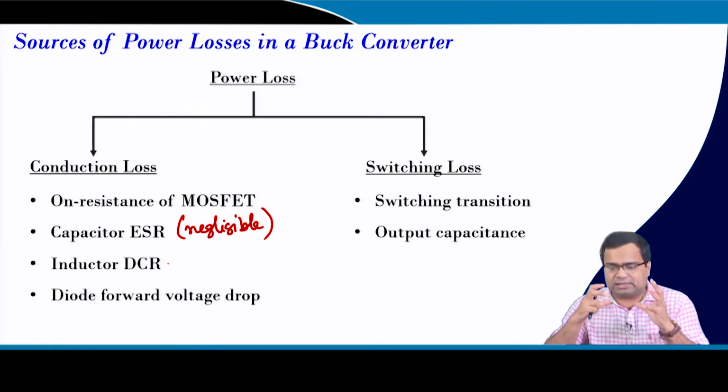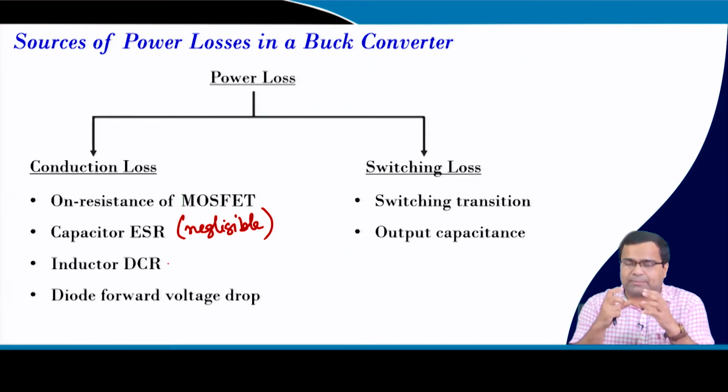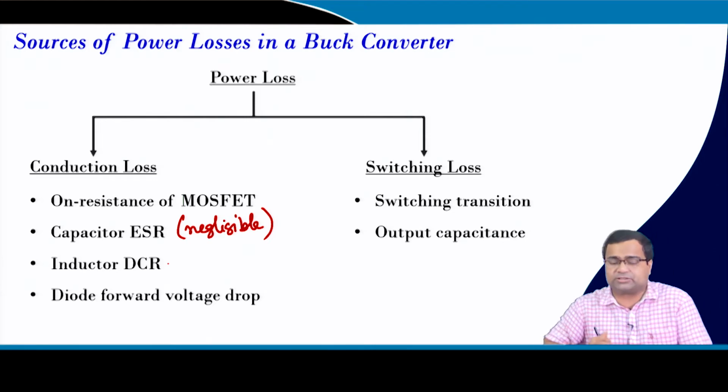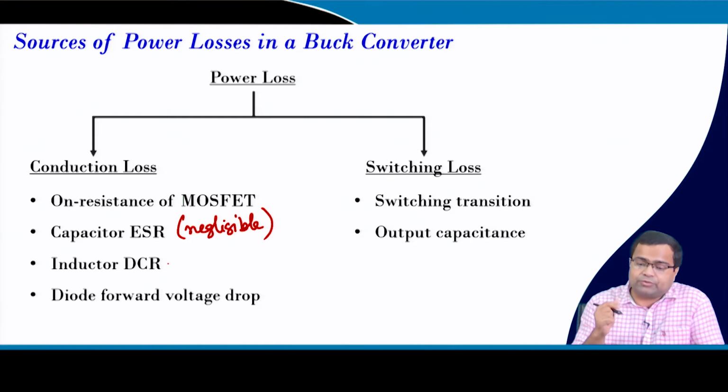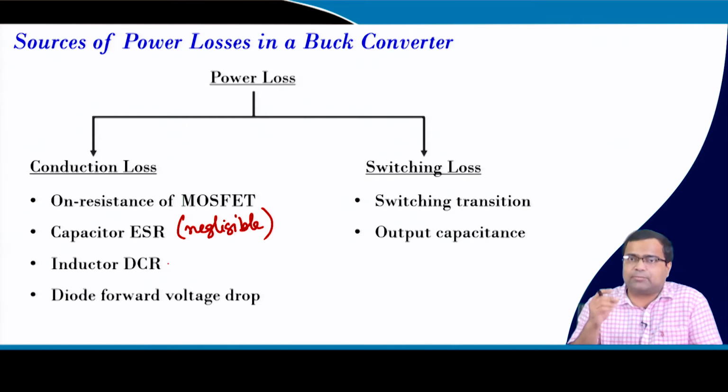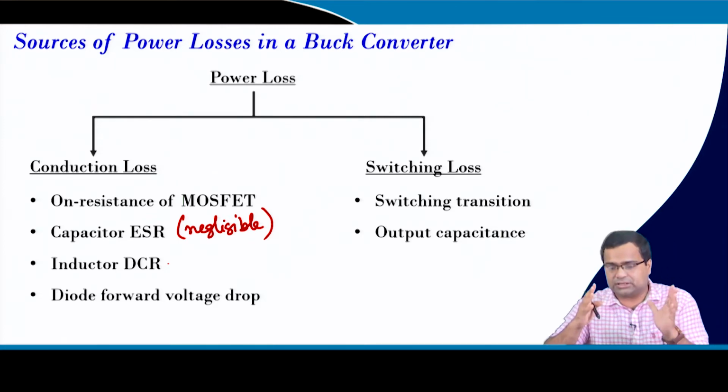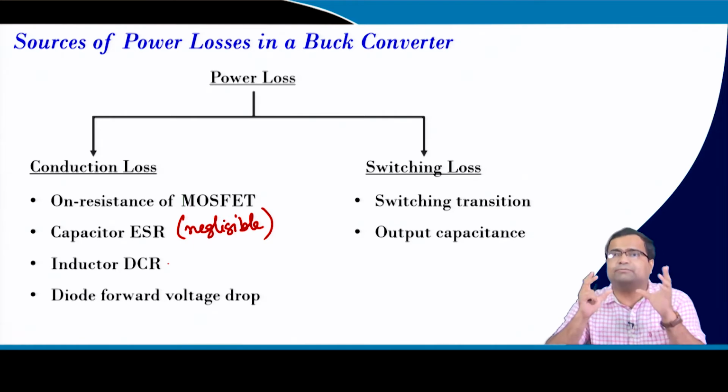The output capacitance loss: if you consider a MOSFET and its output capacitance, particularly the drain to source capacitance of the MOSFET, when you turn on the switch, the drain to source voltage is 0 and the capacitor is discharged. But once the switch is off, whatever voltage appears across the drain to source, the capacitor will charge to that voltage.